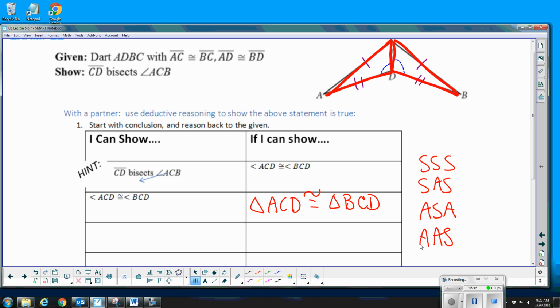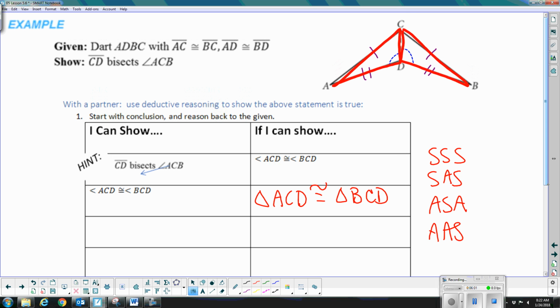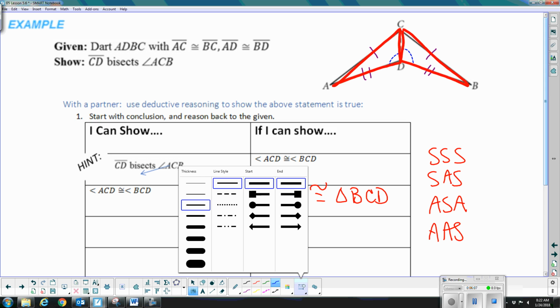So if I can show any of these are true about the two triangles, I can show triangles are congruent. So let's look and see what we have. We have one angle and we have two sides. Is there one of these congruent shortcuts that's going to be easier to prove than the other? Probably the side, side, side is going to be the quickest to prove.